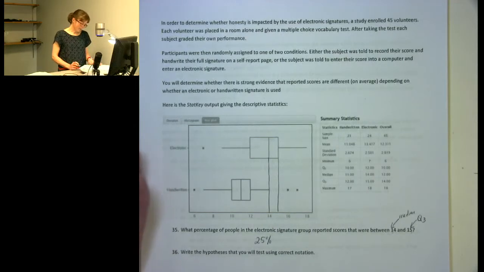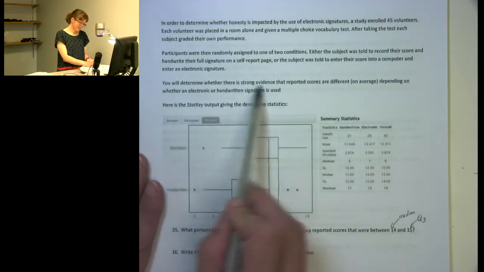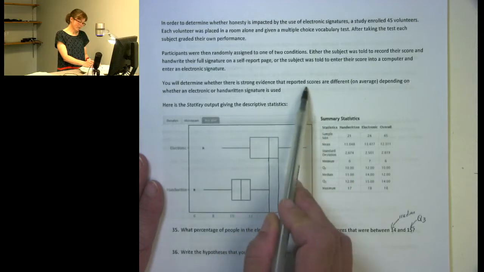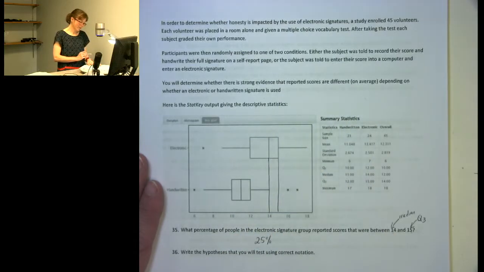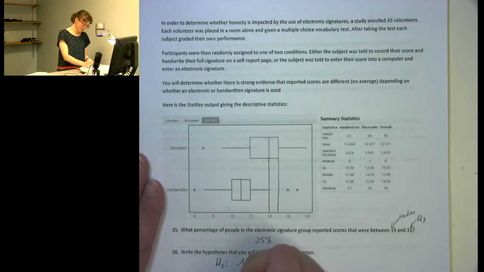Okay, next question, we're doing this test to see if there's strong evidence that the reported scores are different on average between electronic and handwritten signatures. We want to know what the hypotheses will be that we'll test. So our null hypothesis is going to be that the two means are equal. The mean among electronic is the same as the mean among handwritten.